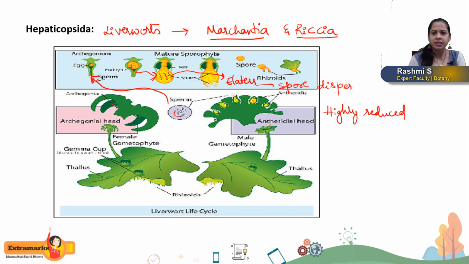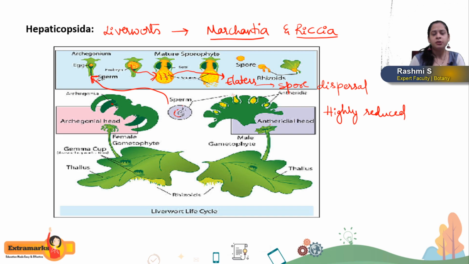So what we have to understand here is that the gametophyte is haploid. Archegonium and antheridium are haploid. Egg is haploid. Antherozoid, or the sperm, is haploid. But after fertilization, the egg becomes a zygote, which is diploid. That develops into a diploid embryo. The sporophyte is diploid, and all the cells inside the sporophyte, including the elaters and the spore mother cells, are diploid.